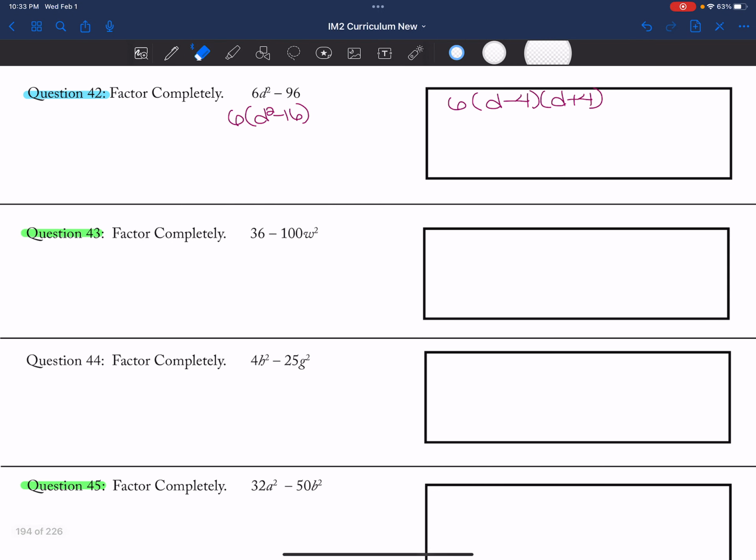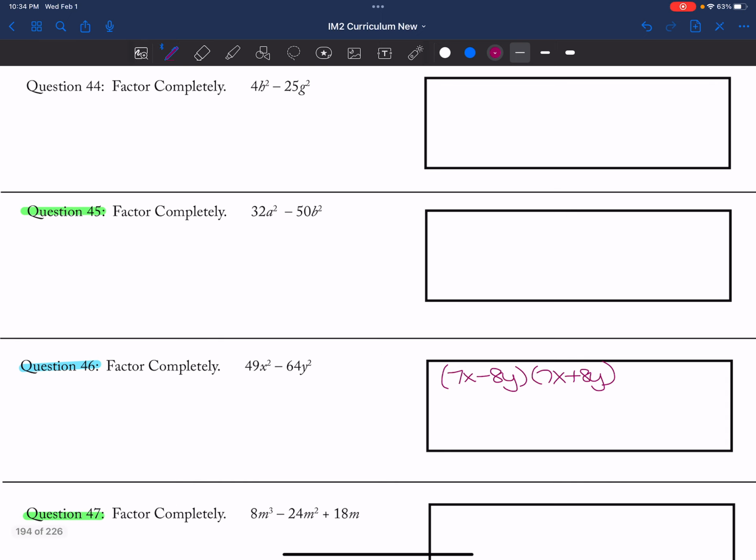Okay, and then the 36, which is a common 4, so I could pull the negative 4 out, and I'm left with a 25W squared minus 9. So negative 4, 5W minus 3, and 5W plus 3. And then 2.